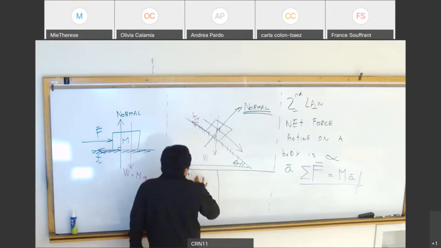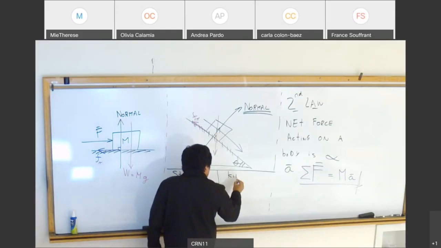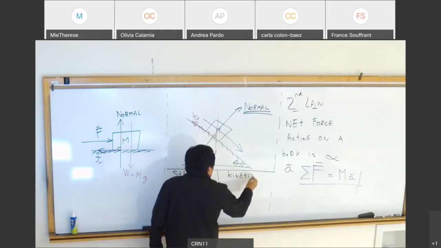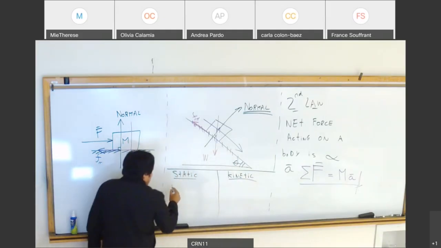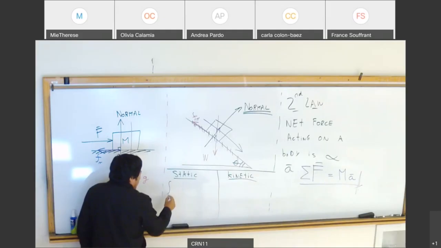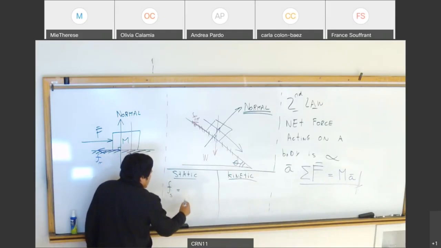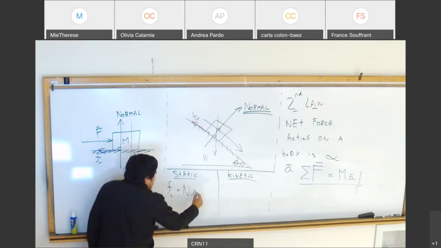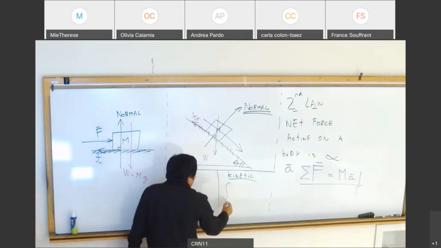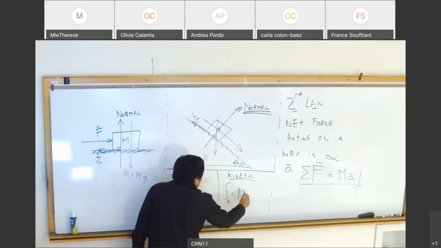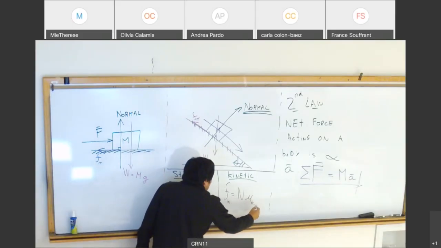For the static friction, we call it F sub S. That's equal to the normal times mu sub S. And for kinetic, we call it F sub K. And that's equal to the normal times mu sub K.